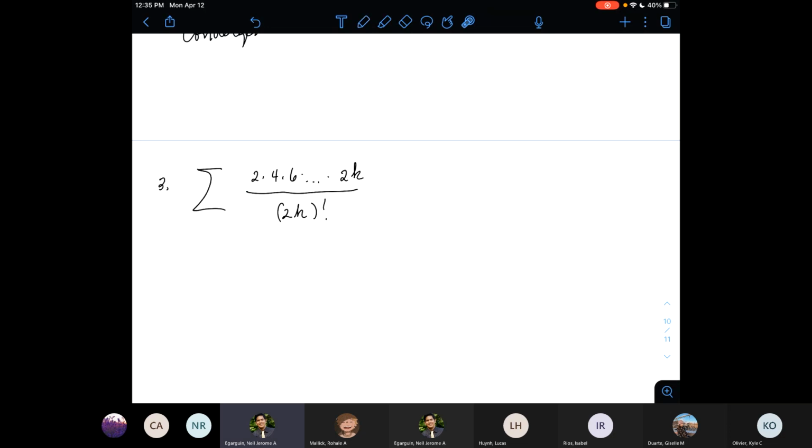It just means that it doesn't matter where k starts, as long as the summation goes to infinity, right? Because remember, when two series differ only by the first few terms, then they will either both converge or diverge. So that's why the starting index for the summation is not that material for most cases. Okay. So here I have factorial involved in the denominator, so I'll use the ratio test.